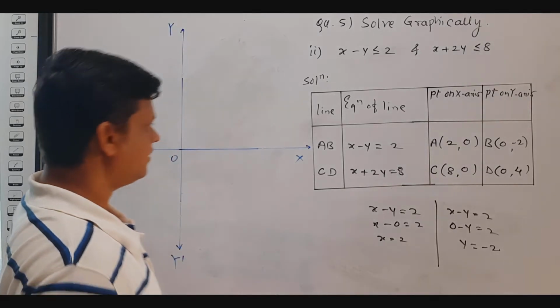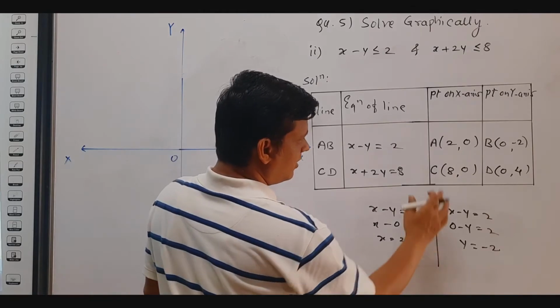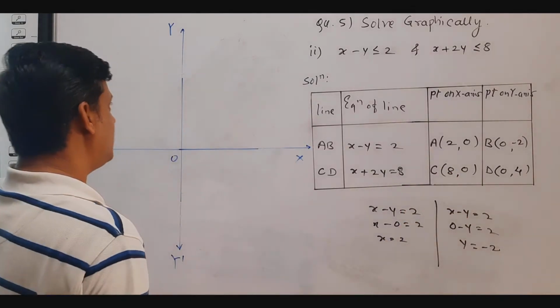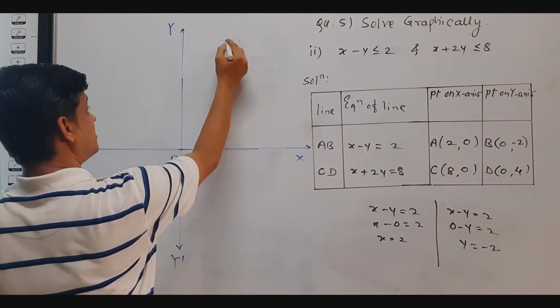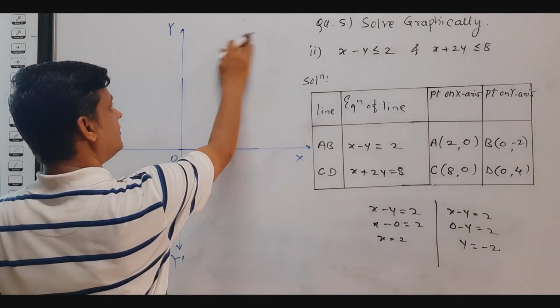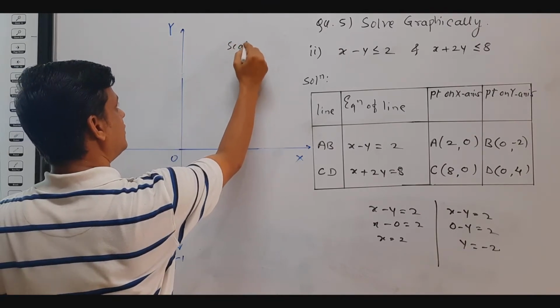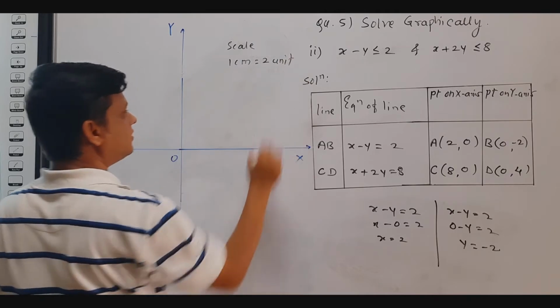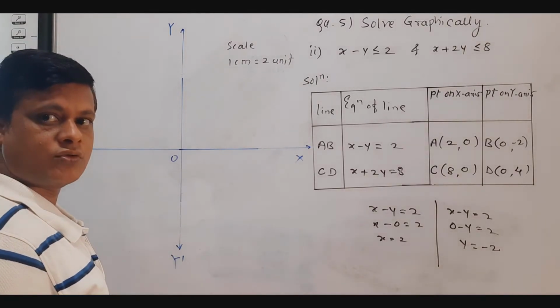So we consider the greatest point first. Here the greatest point is 8. So we have to take a scale. 1 centimeter is equal to 2 units. You can take 1 centimeter equals 1 unit also.